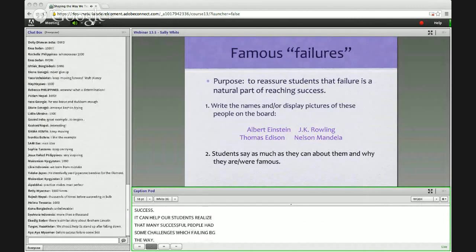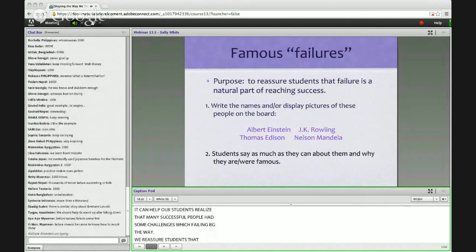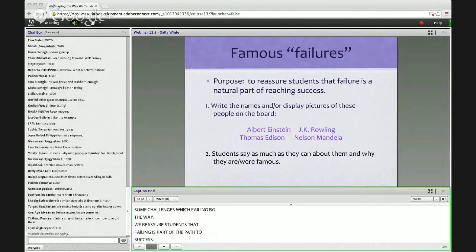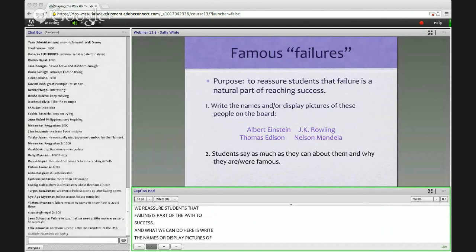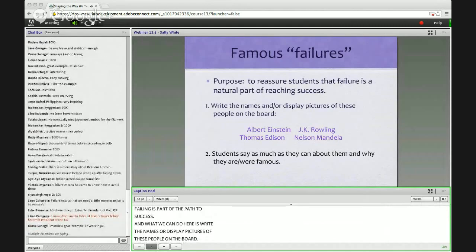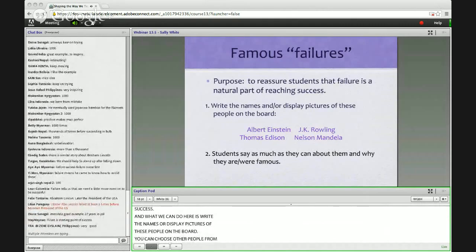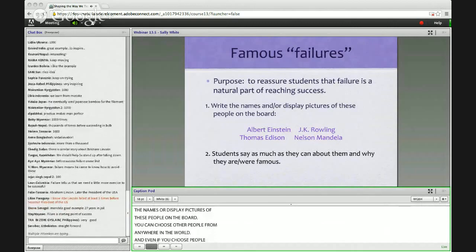And what we can do here is write the names or display pictures of these people on the board. You can choose other people from anywhere in the world. And even if you choose people who are less famous, you could extend this to be a research project.